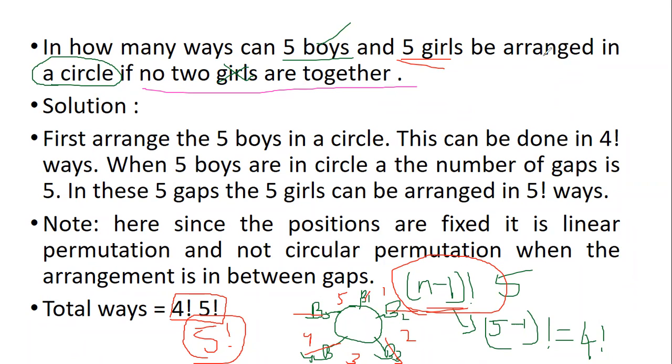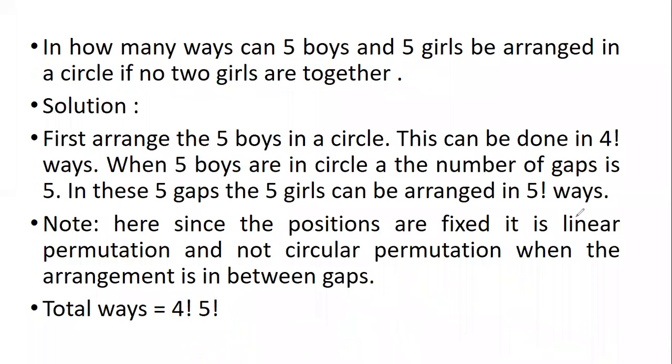Any doubts in the circular permutation? Everybody understood? Can we go for the next concept?